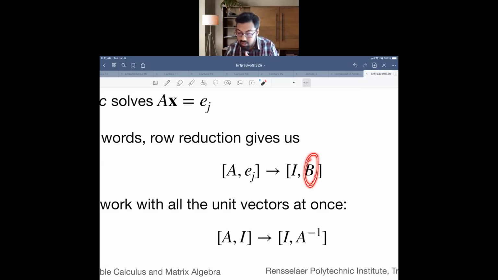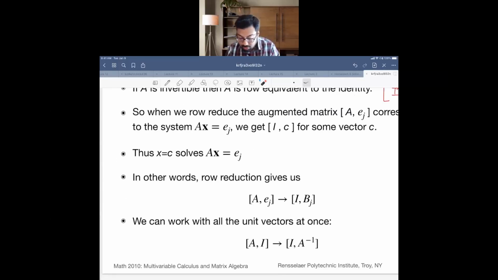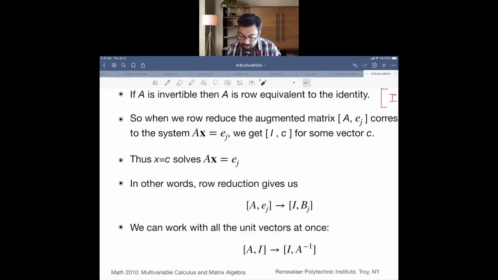And what you're getting over here is B1, B2, B3, and so on. So those are specific columns in B. If you put all the unit vectors together at once, all the unit vectors EJ will make I, then you can row reduce this to I, and then BJ. If you combine all the columns BJ, what do you get? B. B is going to be your A inverse, right?